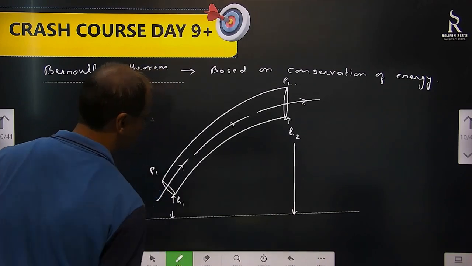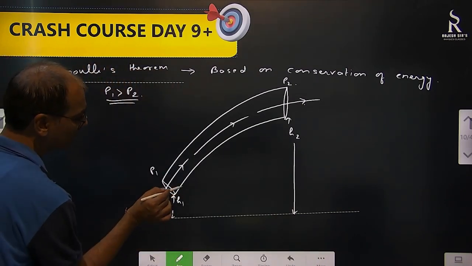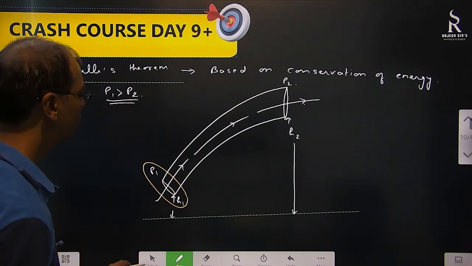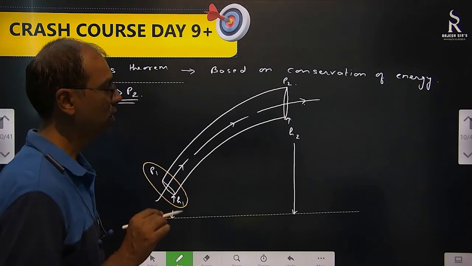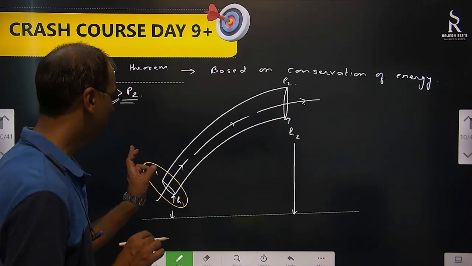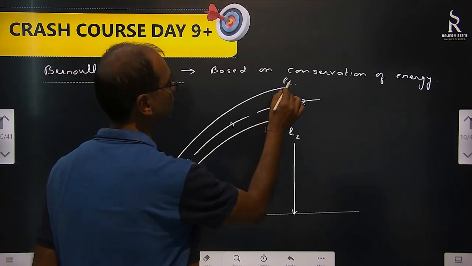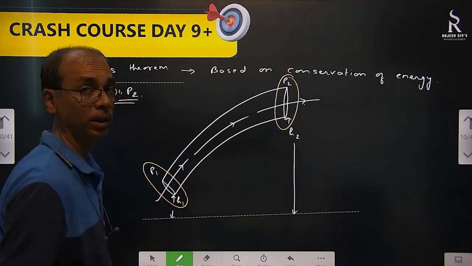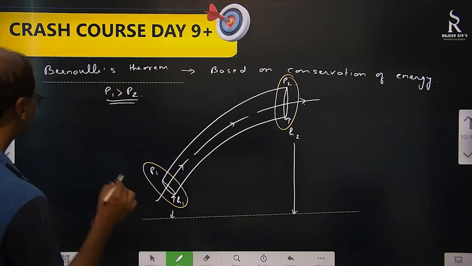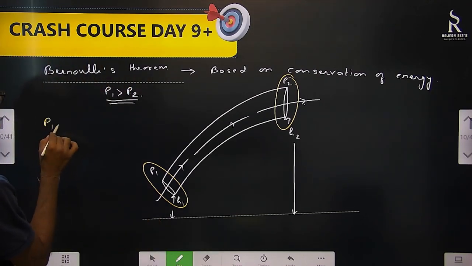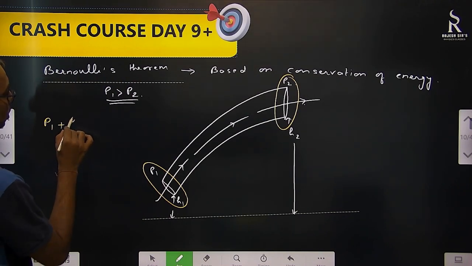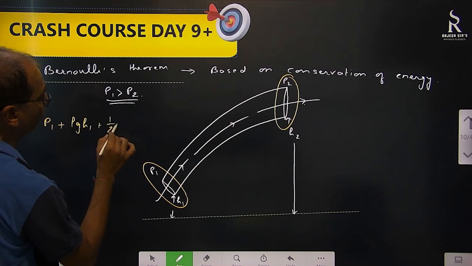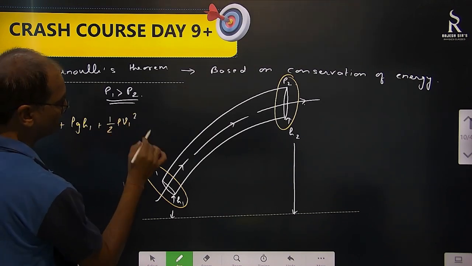What is the conclusion? It says that the energy in the form of pressure, potential energy and kinetic energy at any section is constant. That means energy here and energy here will be equal. So it is P1 plus rho g h1 plus half rho V1 square, where V1 is the velocity here.